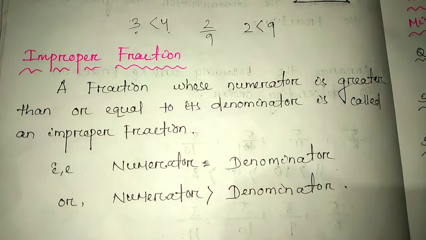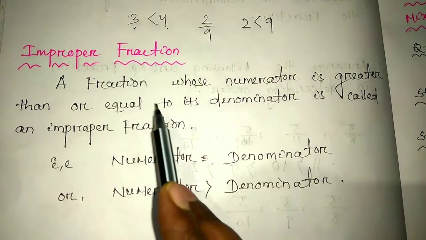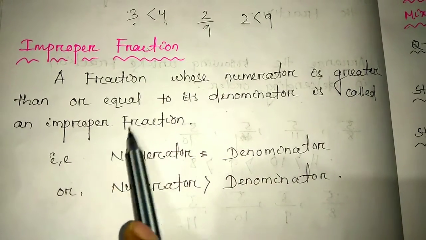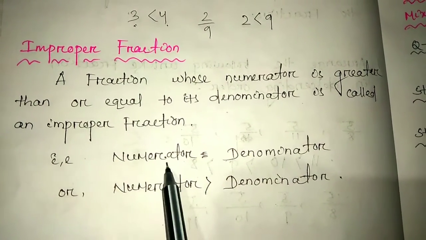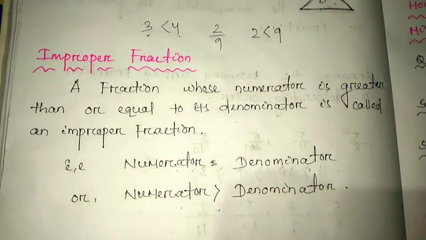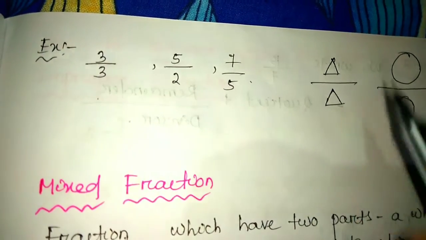Then what is an improper fraction? A fraction whose numerator is greater than or equal to its denominator is called an improper fraction. That is, the numerator is equal to the denominator or the numerator is greater than the denominator. Let's see an example. Here 3 by 3.